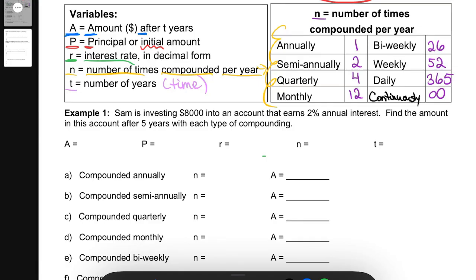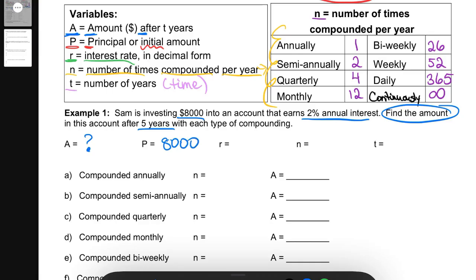So let's look at this first example. Sam is investing $8,000 into an account that earns 2% annual interest. Find the amount in the account after 5 years with each of these types of compounding. So A is what we're being asked to find, the amount after.